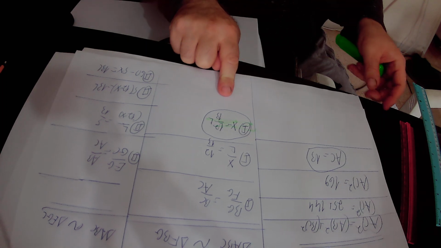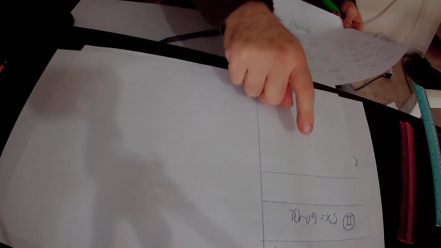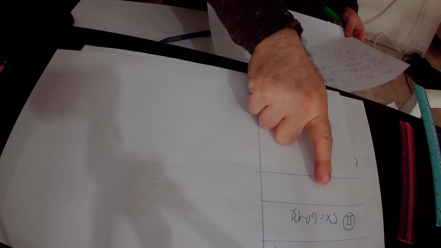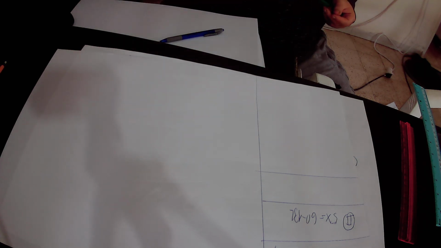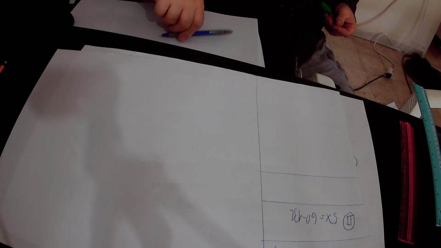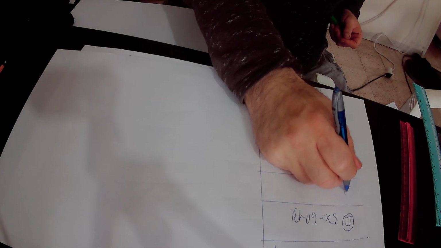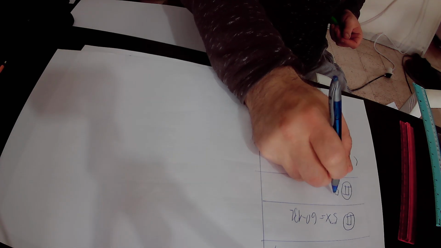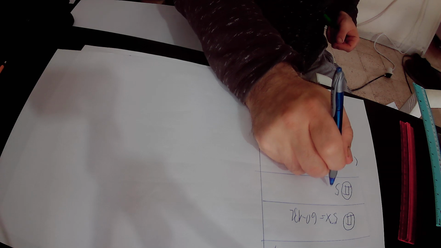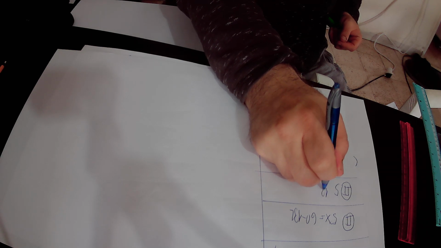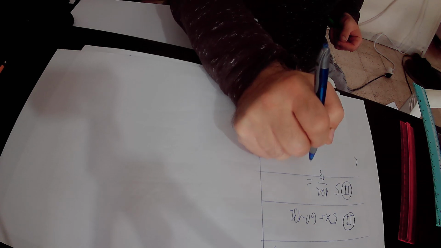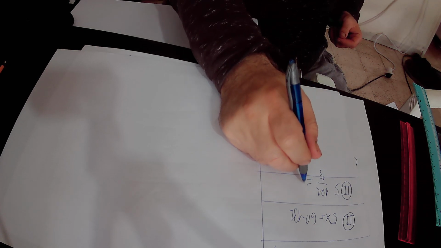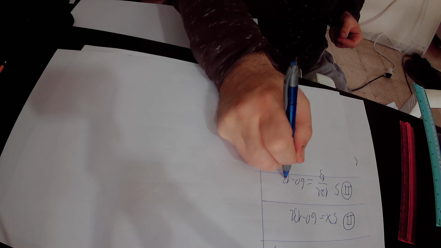Therefore, we substitute x in equation 2 by 12L over 13, and we get 5 times 12L over 13 equals 60 minus 13L.